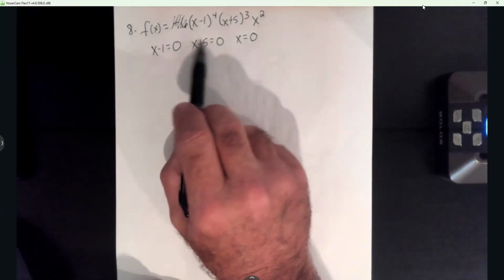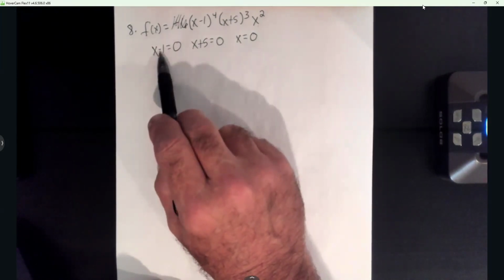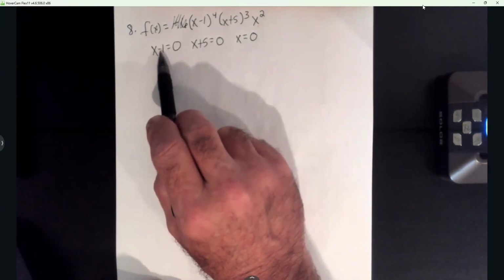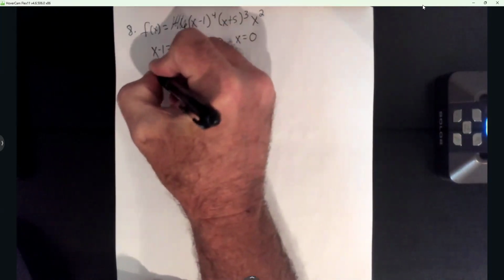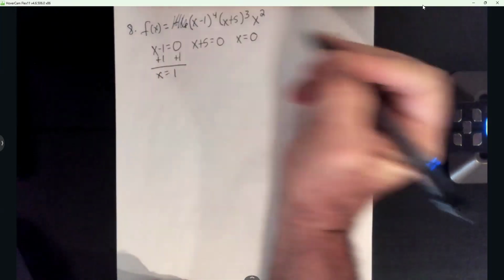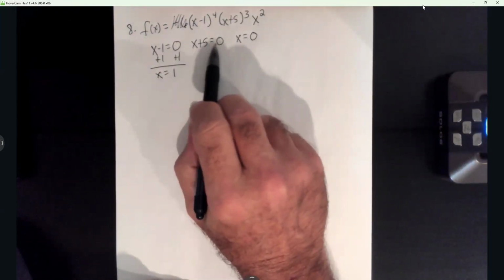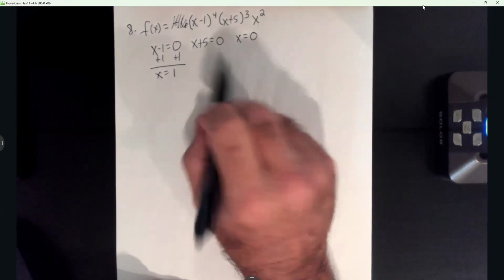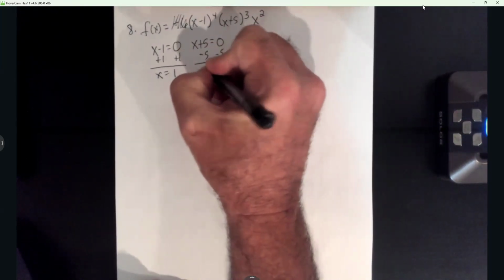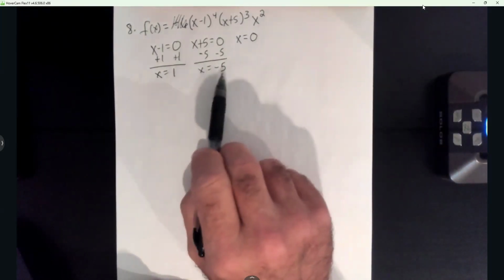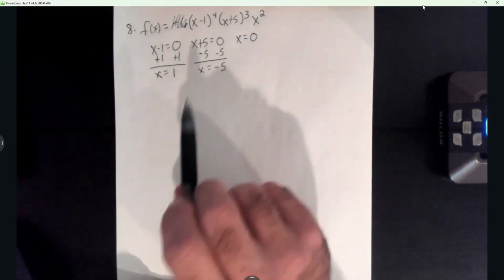Now the other two you actually got to solve. So this one, x minus 1, I'm just going to add 1 to both sides, and I get x is a positive 1. And y'all, this one, we're just going to what? Subtract 5 from both sides and get x is a -5. So my 3 zeros are 1, -5, and 0.